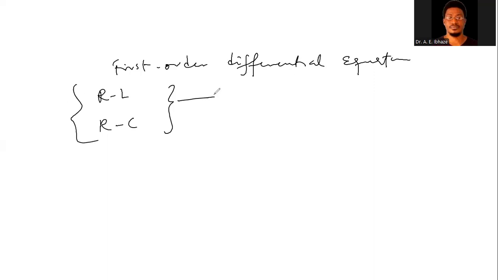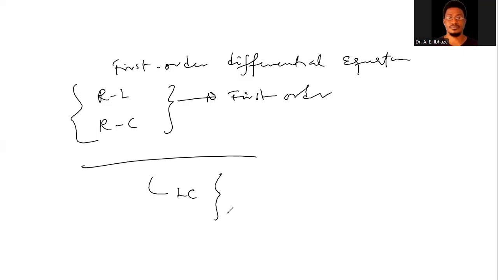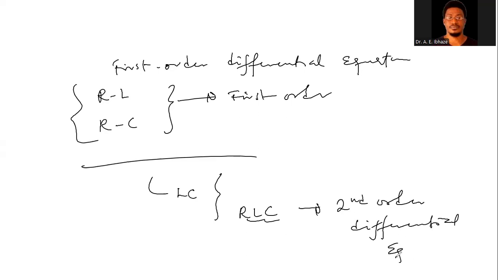Such circuits will give us a response in the first order. And should we have circuits where we have two storage elements, say L and C, such that we have an RLC circuit, then we're going to be dealing with second order differential equations. So how do we resolve such circuits?